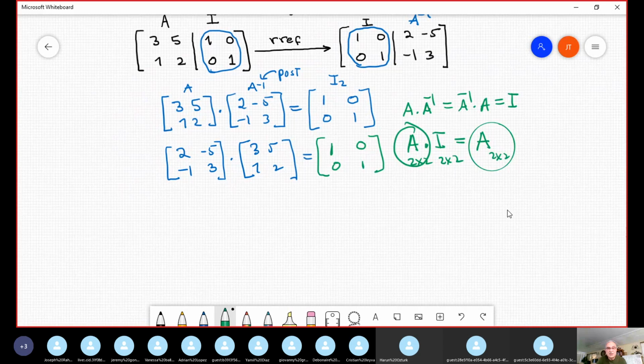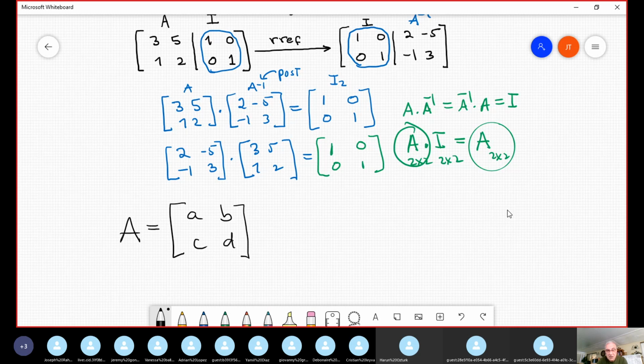We continue in this example, but with another approach. Let me try to discover the formula to find the inverse matrix. Suppose the matrix A in general is [a, b; c, d].